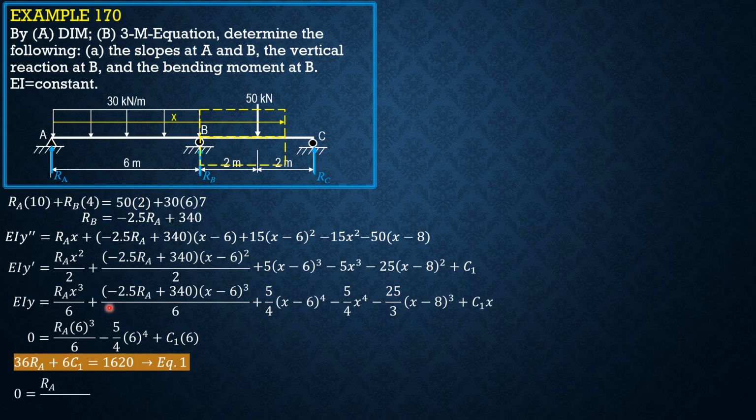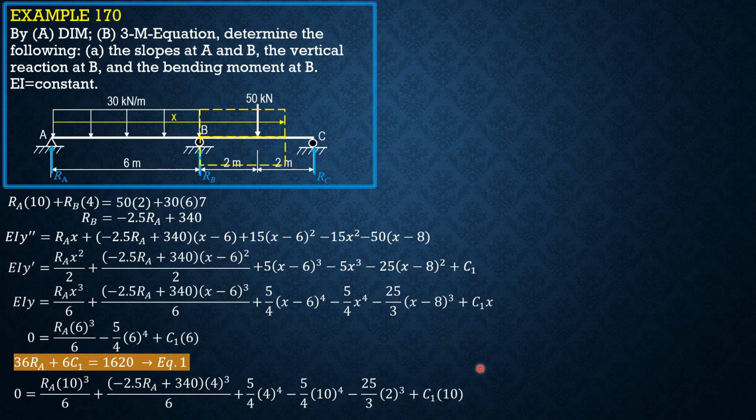So 0 is RA 10 cubed over 6 plus (negative 2.5 RA plus 340) times 4 cubed over 6, plus 5 fourths times (10 minus 6 is 4) cubed. So 5 fourths 4 to the 4th minus 5 fourths 10 to the 4th minus 25 over 3 2 cubed plus C sub 1 times 10.